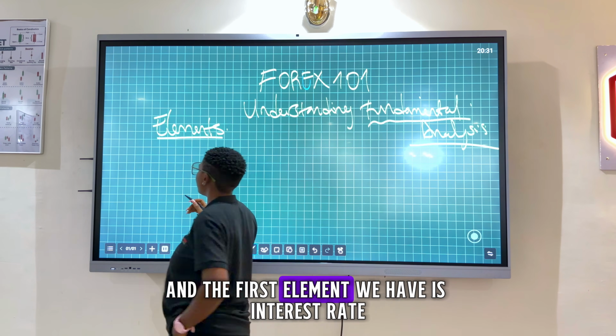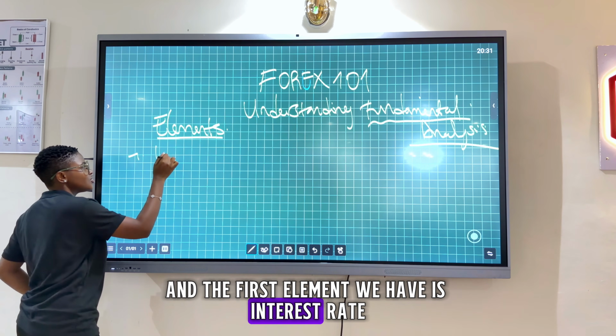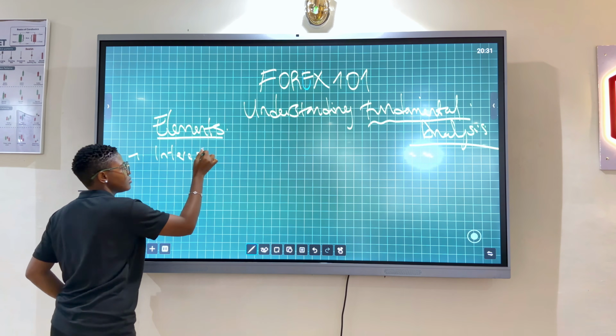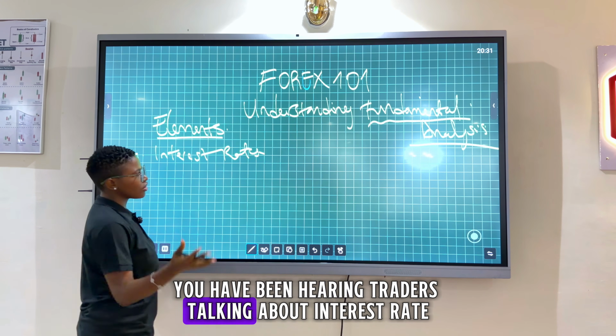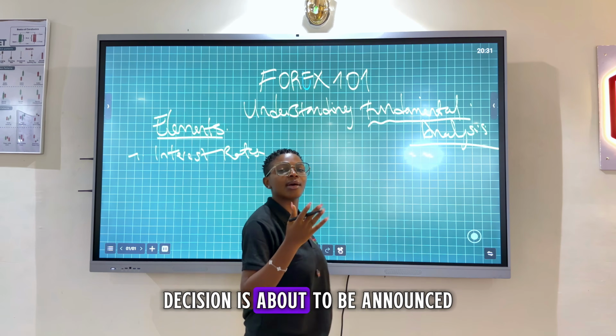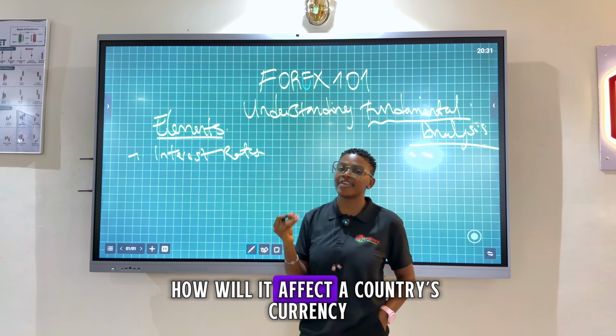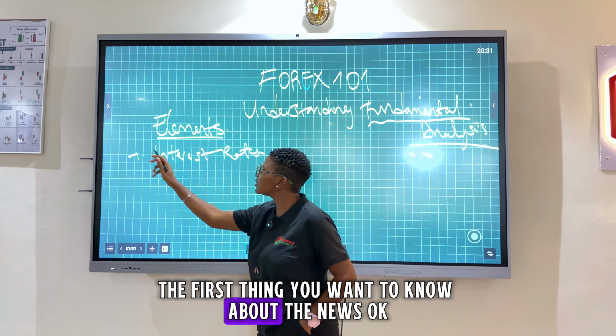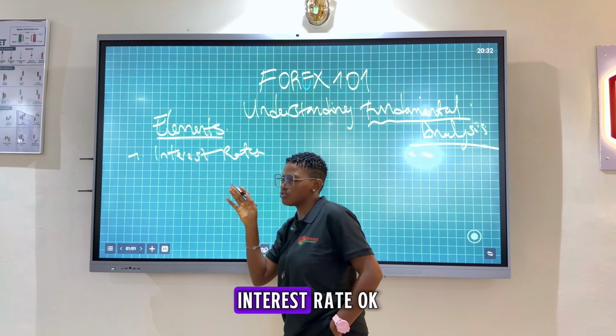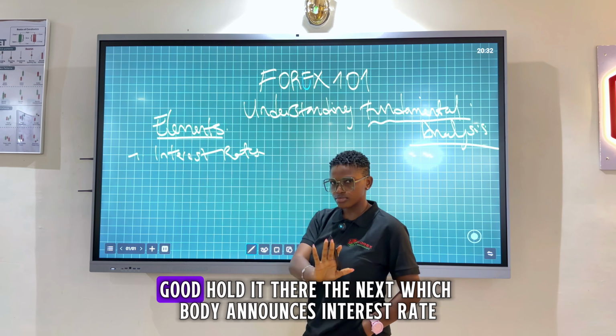The first element we have is interest rate. You have been hearing traders talking about how an interest rate decision is about to be announced. How will it affect a country's currency? The first thing you want to know about the news is: okay, interest rate. Hold it there.